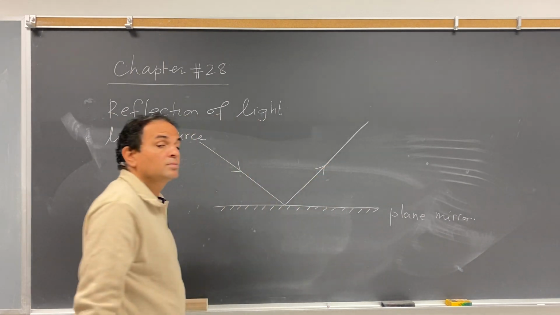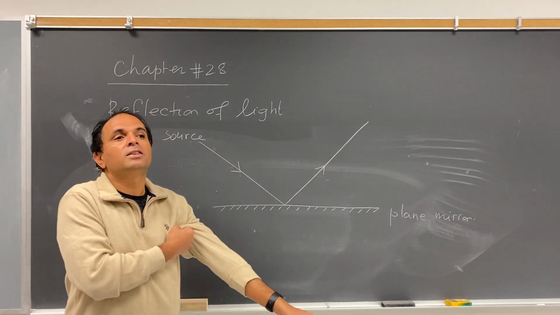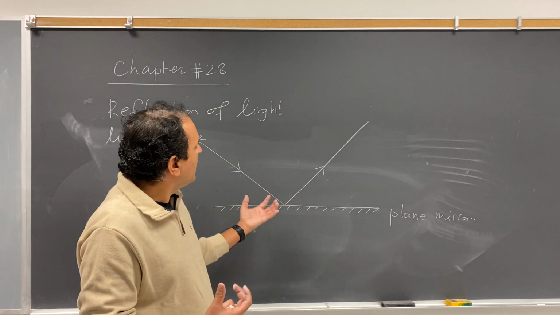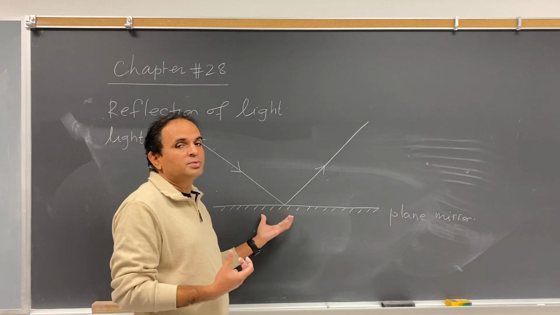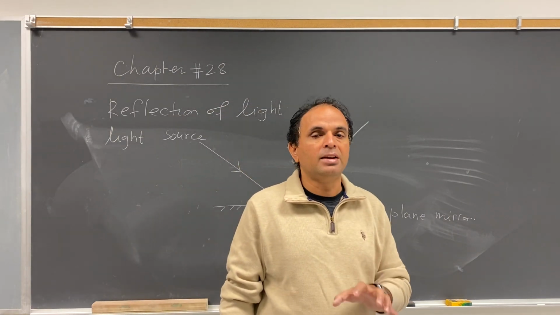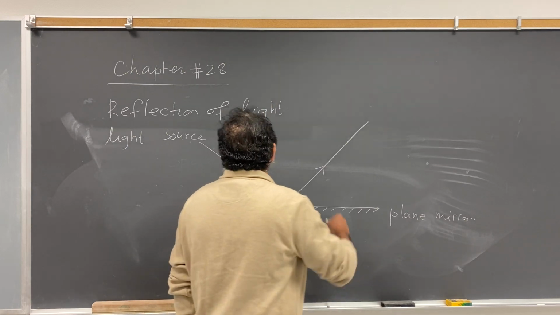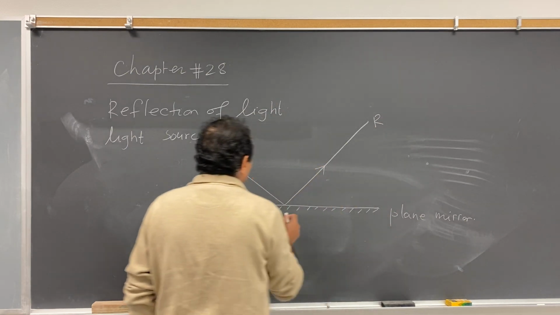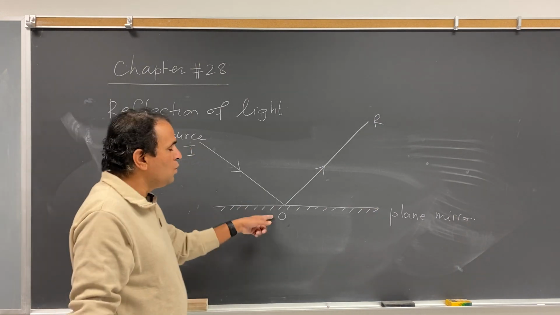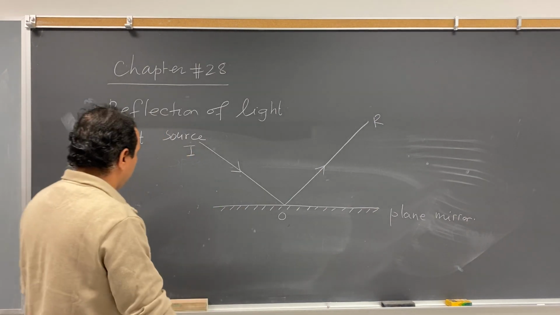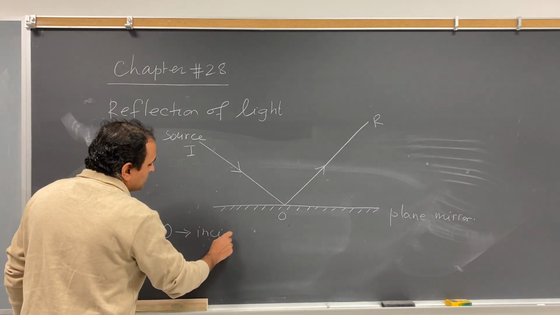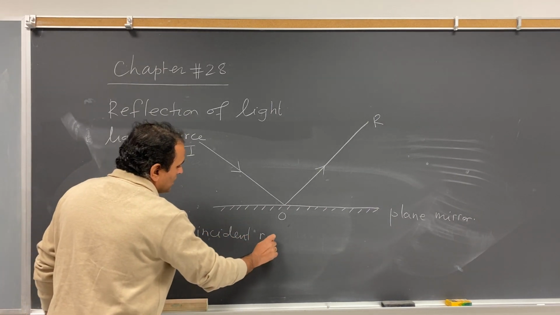So this phenomenon is called the reflection of light. When the ray of light strikes an opaque object, the light gets back to the same medium. That is called reflection. Let me call this R, this O, this I. IO is the incident ray.